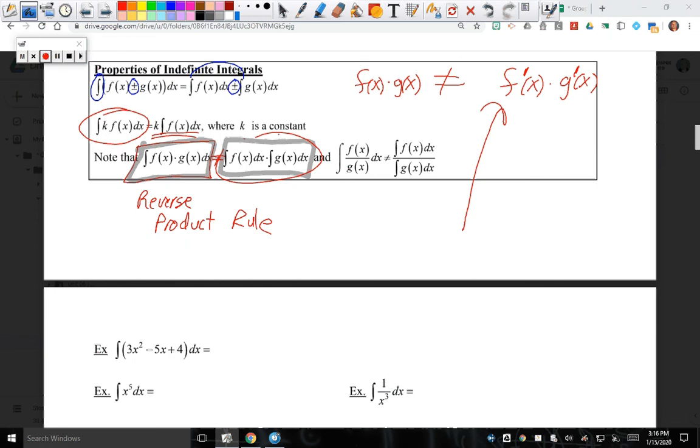Why is it that I can split this up here, but I can't split it up here? Besides the obvious, that I said there's no such thing as a reverse product rule. What's so special about the way it's written up here versus the way it's written here? Say it. Don't be afraid.